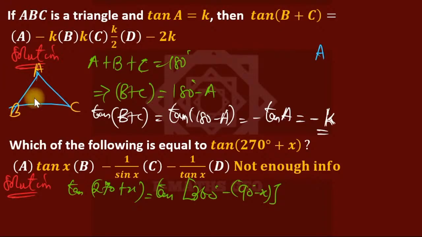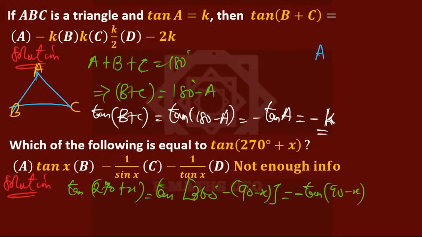So let's check. Open up: 360 minus 90 is 270, and minus times minus is plus, so we are still correct. Now you can see this is a fourth quadrant angle, 360 minus something, and tan is negative there. So this is just minus tan of (90 minus x).